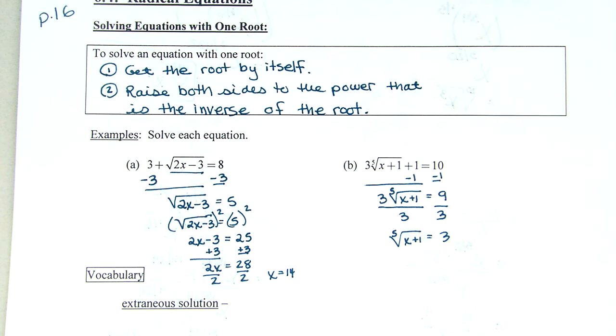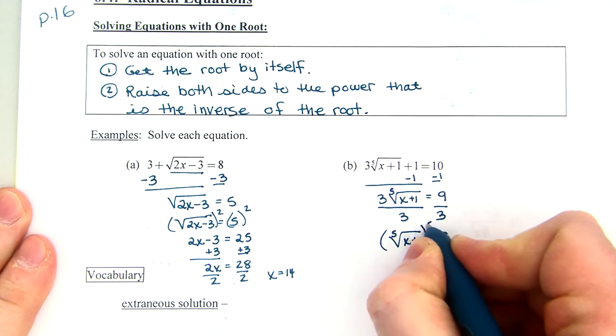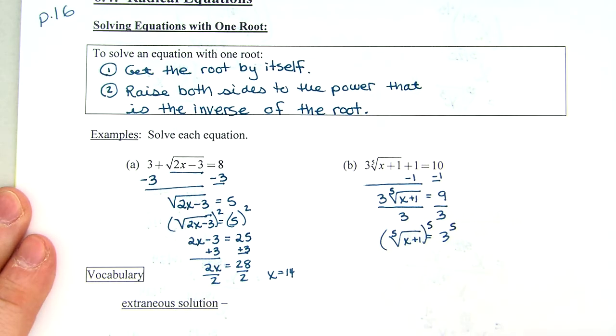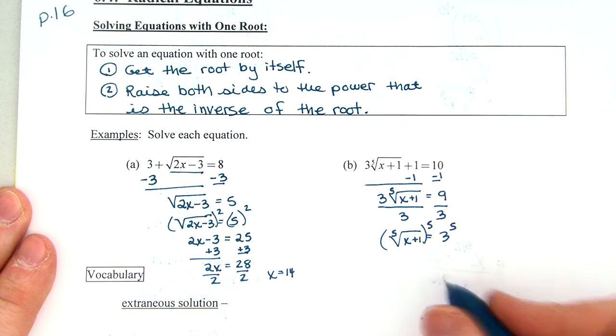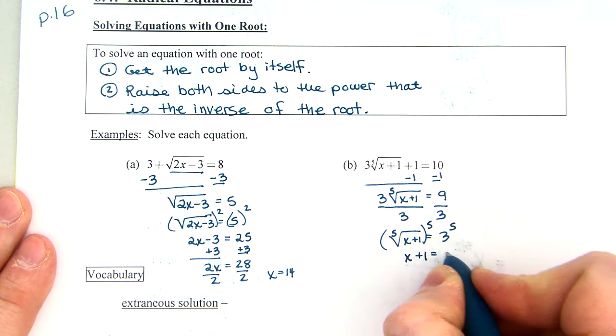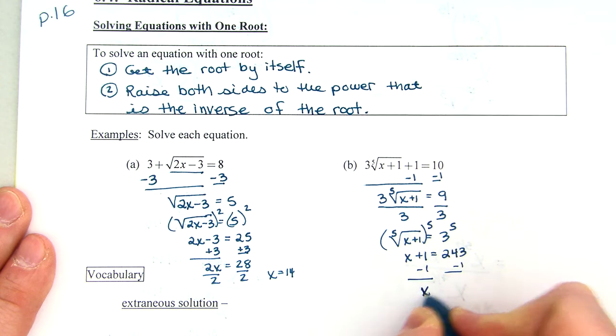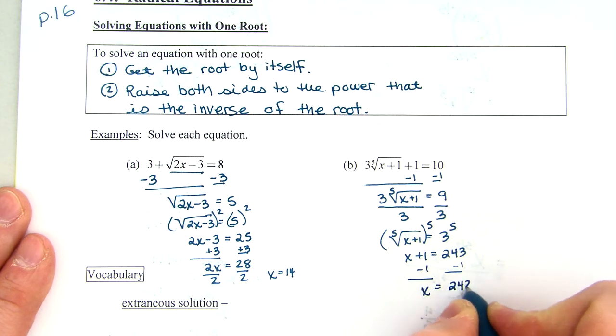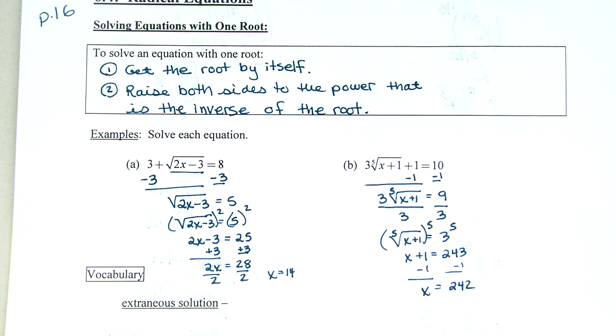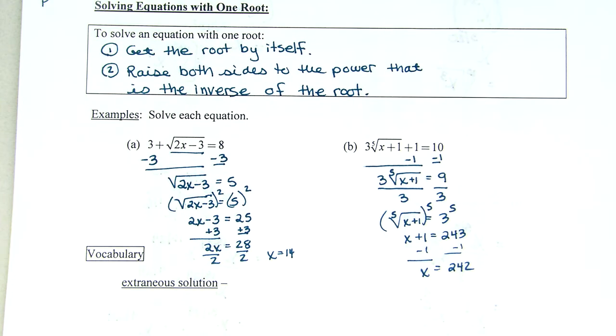How do we get rid of our fifth root? Let's raise both sides to the power of 5. And Sora, what is 3 to the 5th? Exactly, 243. X plus 1 equals 243. Minus 1, minus 1. X equals 242, I believe. Not terrible yet?